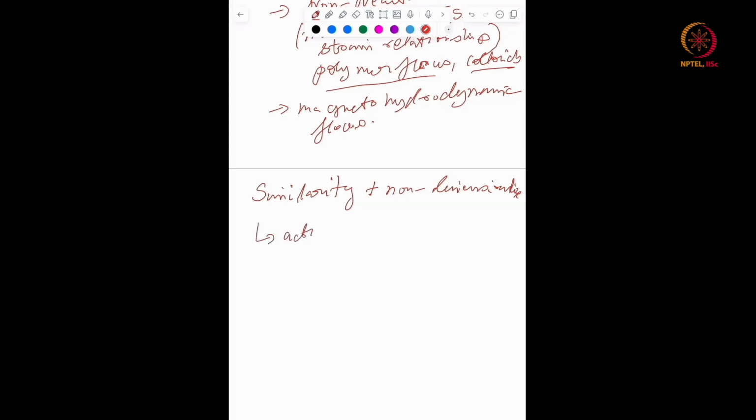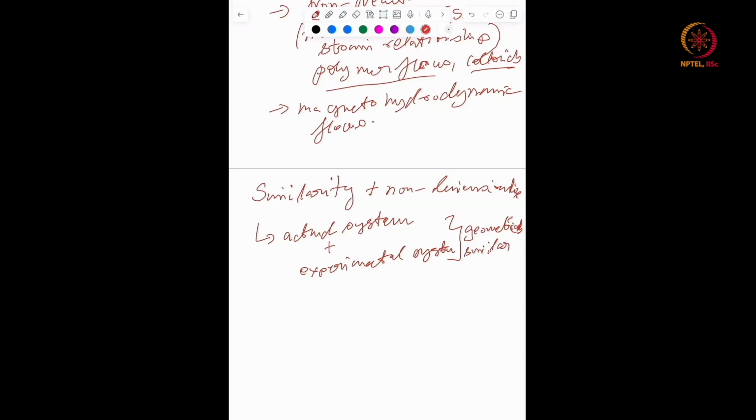So this is an actual system. We do this all the time. We do it on some other system, but then we say that it is the actual system and the experimental system, for example. They should be what we call geometrically similar.